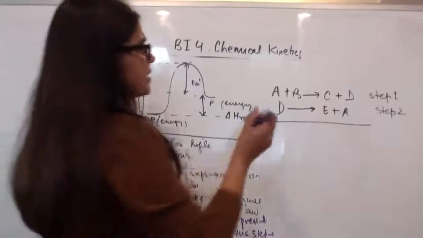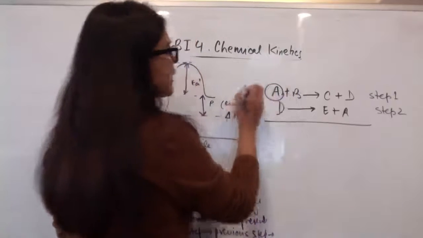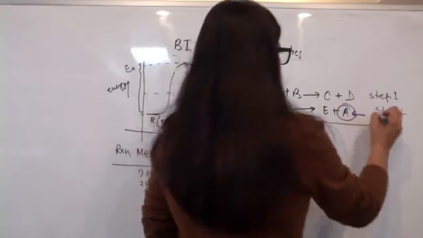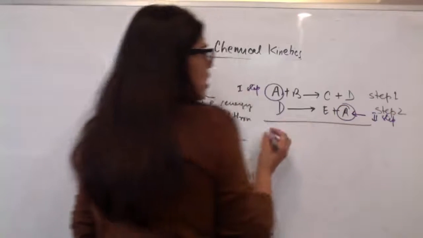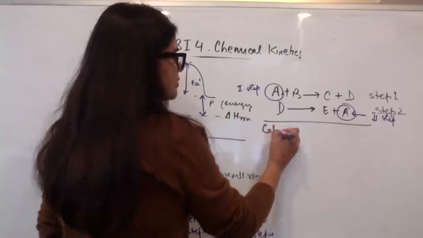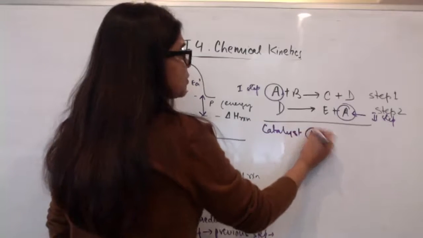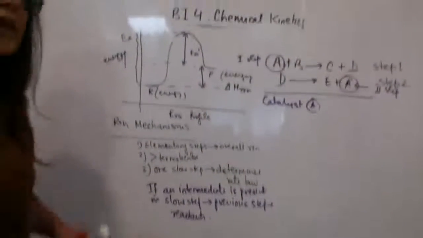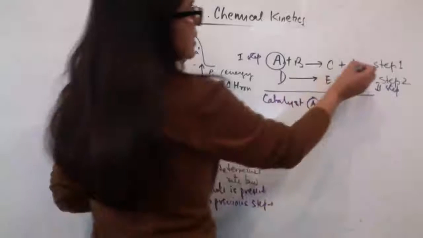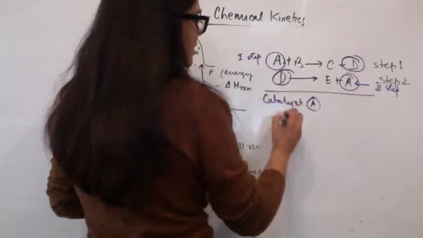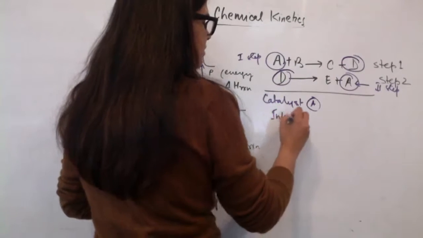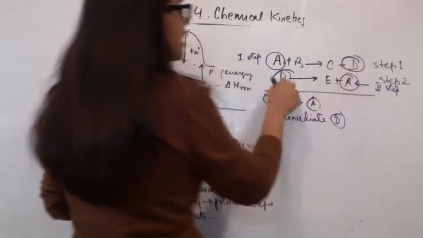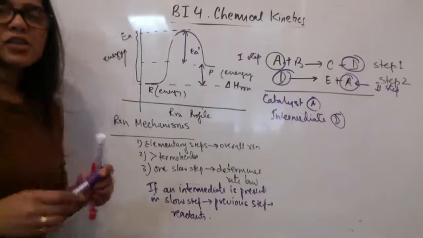In this case, A is present at the beginning of our first step and A is present at the end of the second step. A is called a catalyst because it is present before and after the reaction. That means it is not consumed in the reaction. D is an intermediate because D is produced in the reaction and is consumed in the reaction.